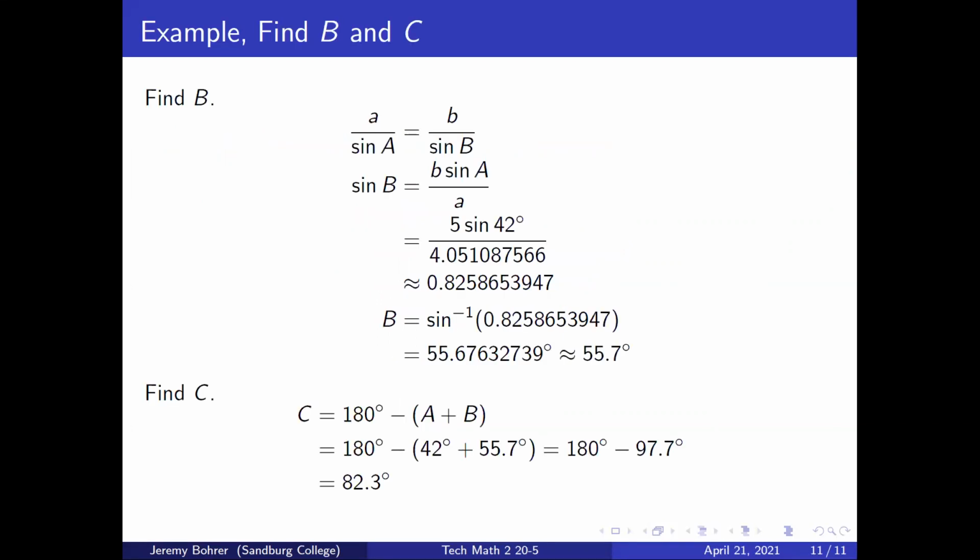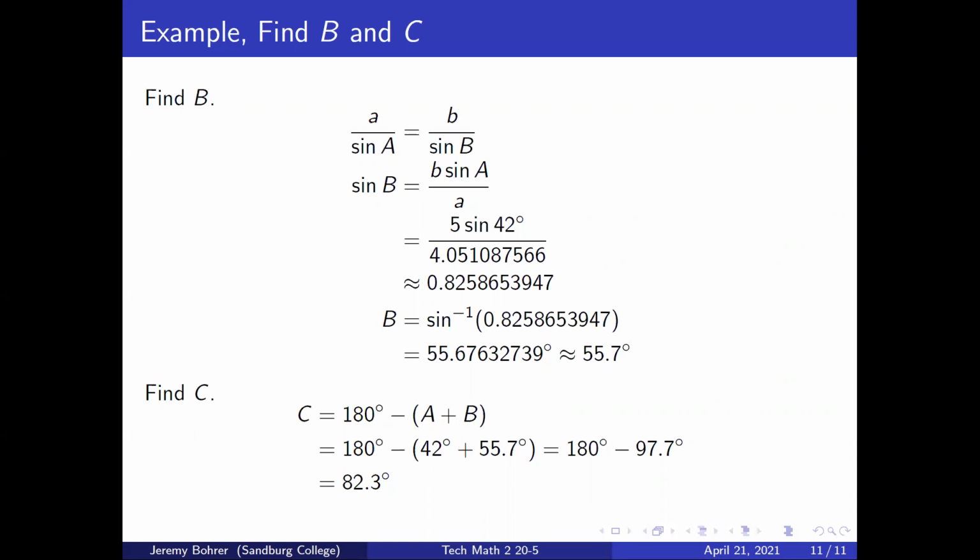Now we can find angle B using the law of sines. This gives us a over sine A equals b over sine B. So sine B equals b times sine A over a, which is 5 times the sine of 42 degrees over, using the longer form here, 4.051058566. And that's about 0.8258653947.